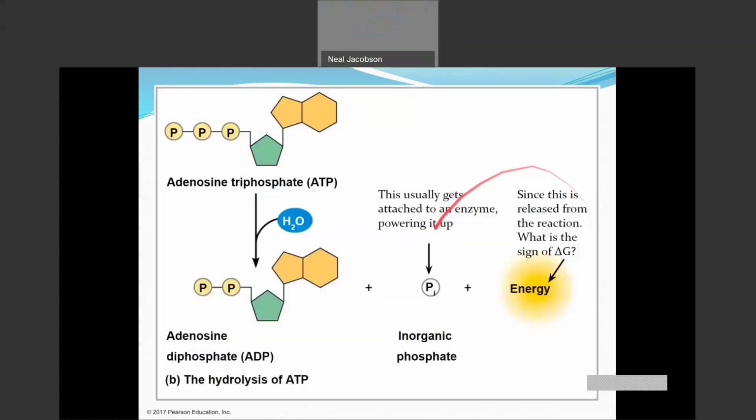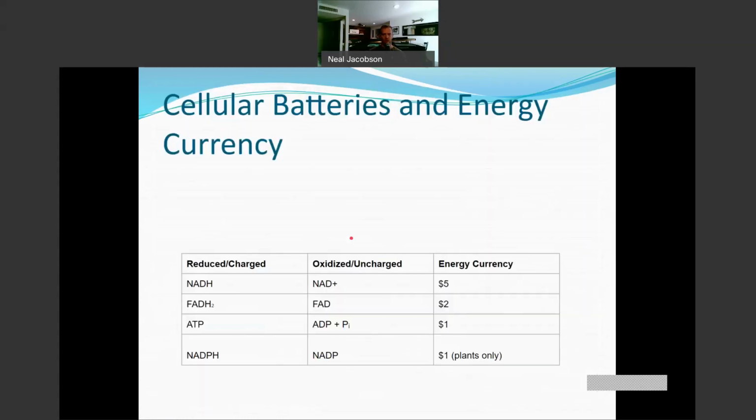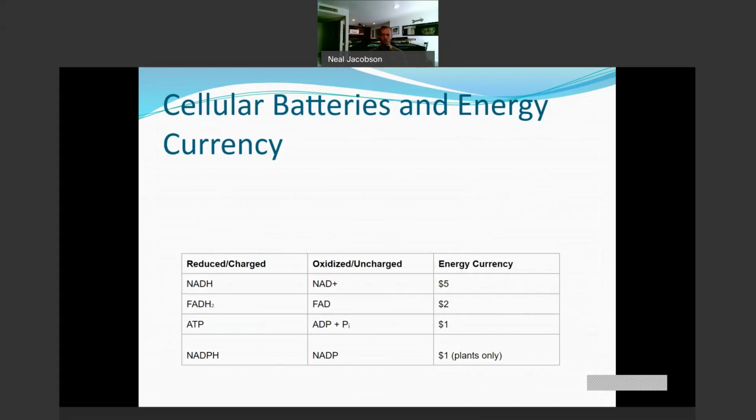ATP is not the only molecule that can store energy for the cell, but it is the most useful, and we'll talk about why on this next page. So I call ATP a cellular battery, and when you think about batteries, especially cellular batteries, you can think about them being like the rechargeable kind, where you can put a bunch of energy into the battery, and then you can take that battery and put it somewhere else and power something for a while until the battery's drained.